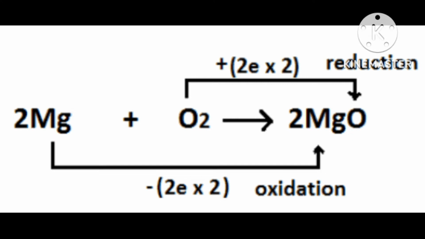Again, in the same way you can compare magnesium, which is in elemental state. Write the balanced equation first, but in calculating oxidation number, stoichiometry means the coefficient has no value. Only the molecule has importance: O2, Br2, Cl2.